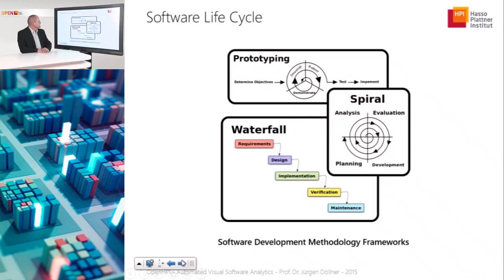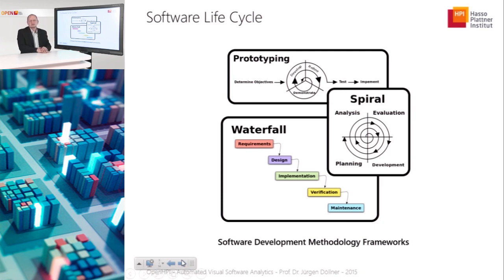Let's start with the software lifecycle. The software lifecycle denotes a formal model of the way software is being developed. It's also called a framework or even a methodology framework for software development.